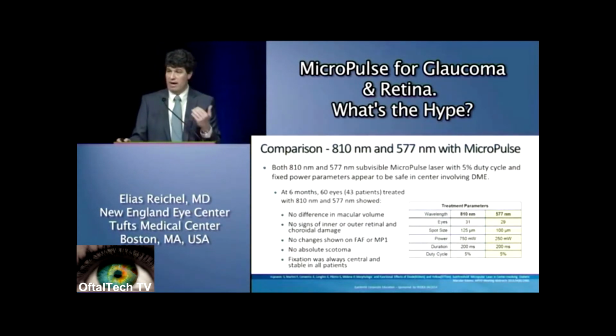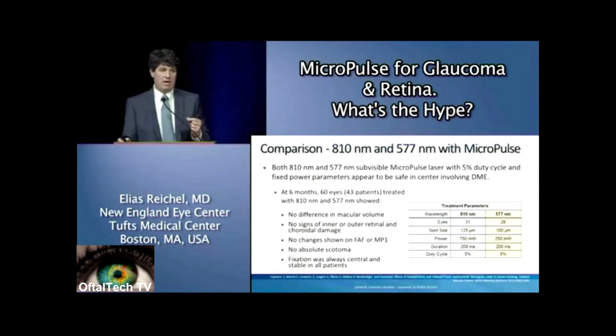You're going to have to go to a higher power, and the average power that was used was 750 milliwatts. With yellow, you use less power, and this is true whenever you use the infrared laser. You're going to have to crank it up a little bit higher to see some type of threshold or subthreshold burn. And so in this study, they actually looked at 250 milliwatts for 577 nanometers, and that's an important number to remember.